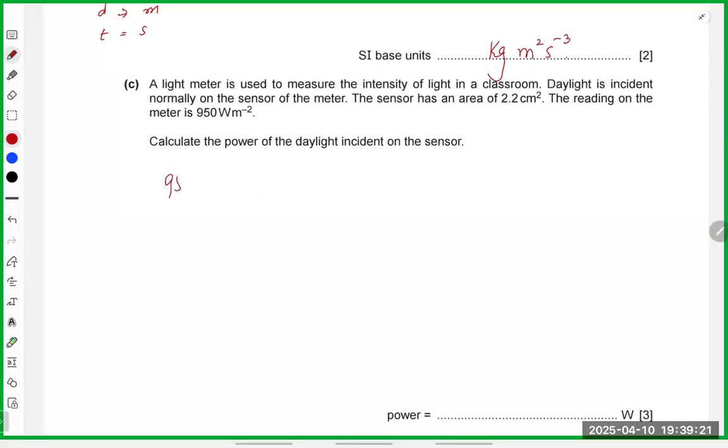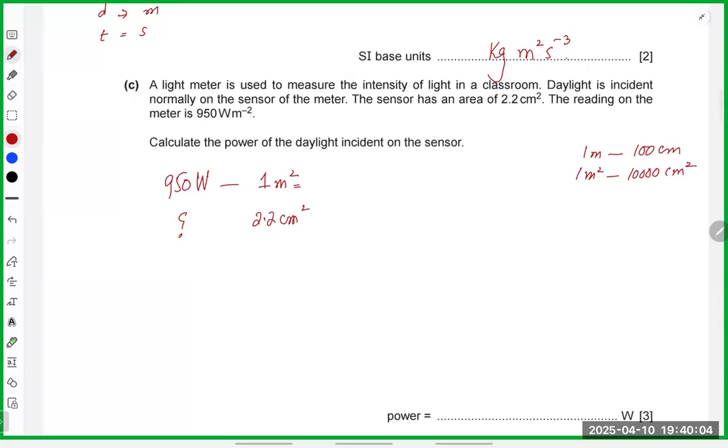We're saying 950 watt for 1 meter square. So if we have 2.2 centimeter square, how many watts will be there? Now, how many centimeter squares are there in a meter square? 1 meter square: 1 meter is 100 centimeter. 1 meter square is 100 by 100, that is 10,000 centimeter square.